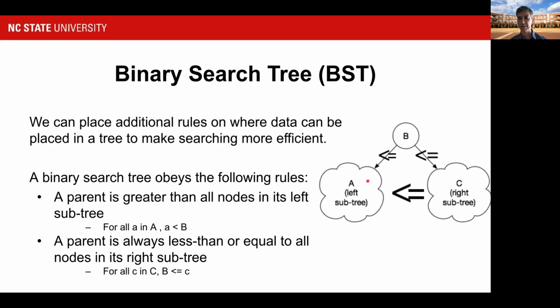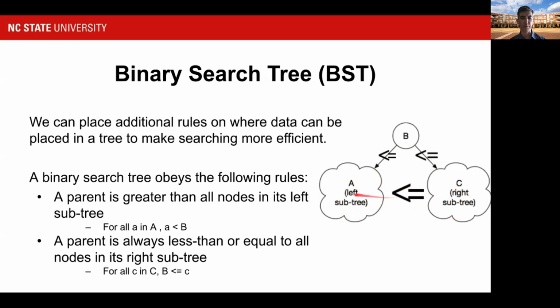What I mean by that is that if we look at this tree over here where I have B as the root and A is the left tree and C is the right tree, then what we're going to say is that everything in the left tree is less than or equal to B, and B is less than or equal to everything in the right subtree. And this also implies that everything in the left tree is less than or equal to everything in the right subtree.